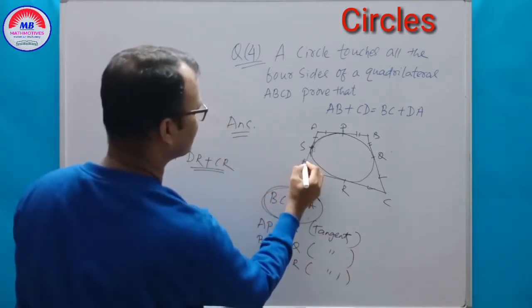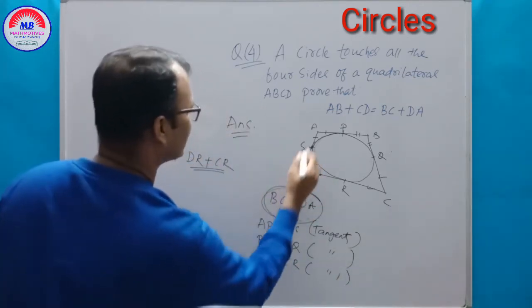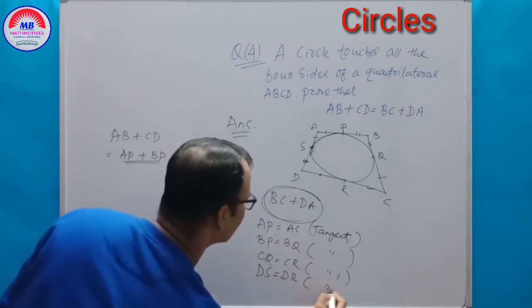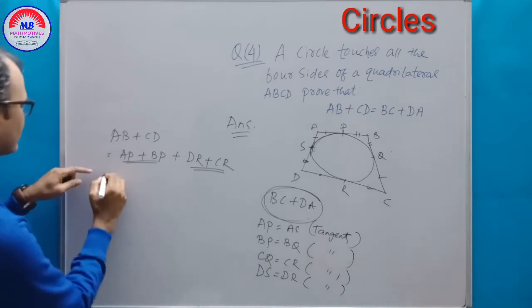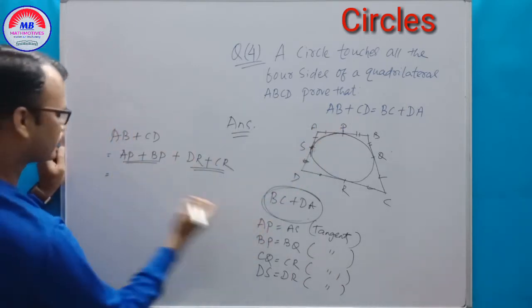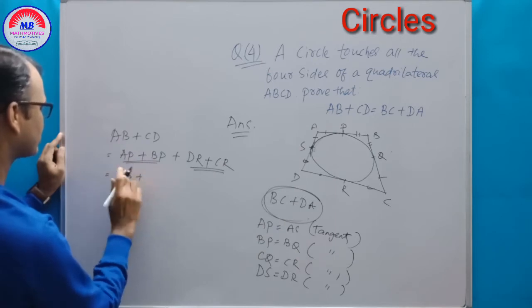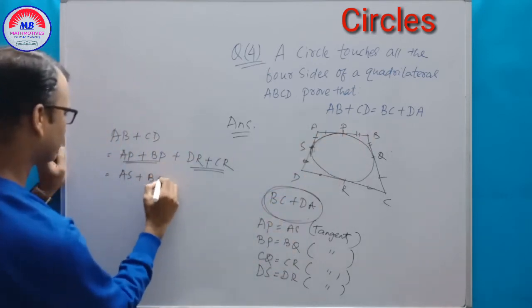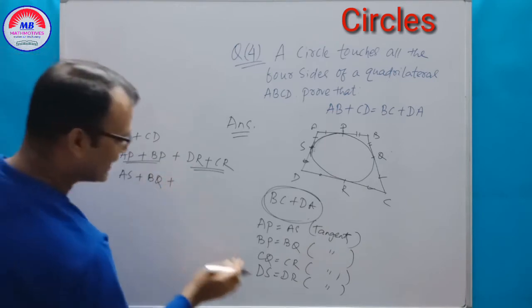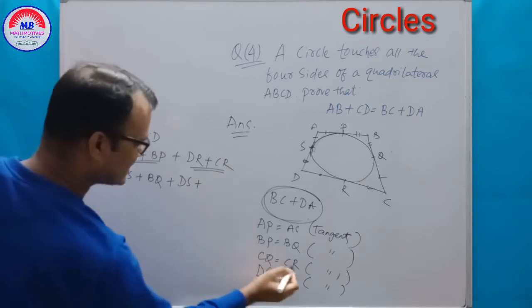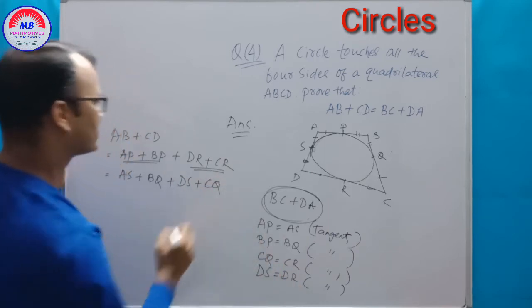From D, DS equal to DR. Now AP is equal to AS, BP is equal to BQ, DR equal to DS, CR equal to CQ.